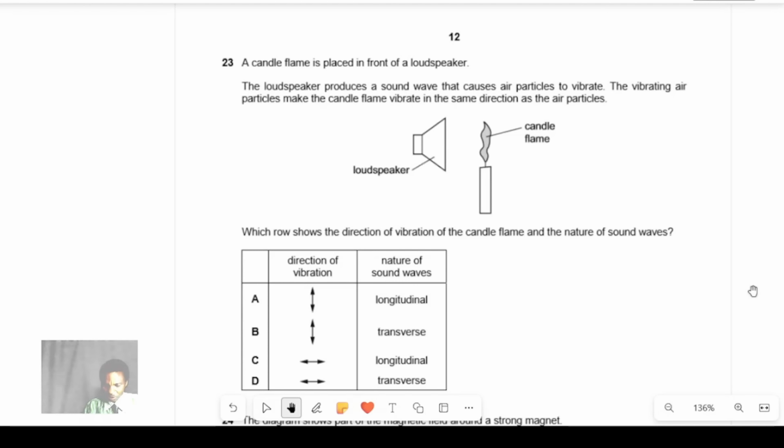So what you know is that the sound wave is going to travel in this direction. So this is the direction of sound. And then the air particles will also vibrate in this direction. So this is particle vibration.